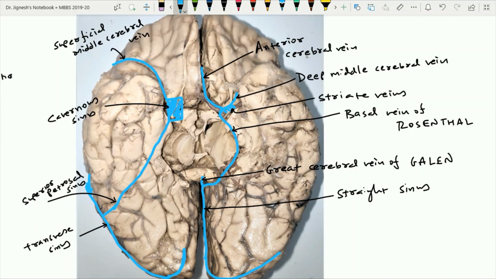And when we see the inferior cerebral veins, these drain into the nearby sinuses, and they drain the inferior surface of the cerebrum.